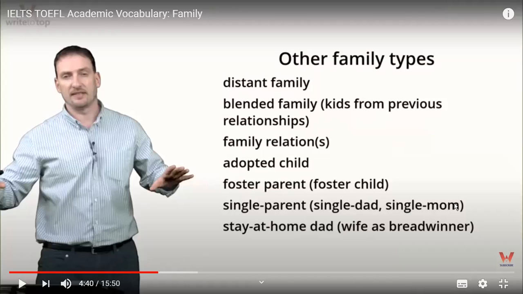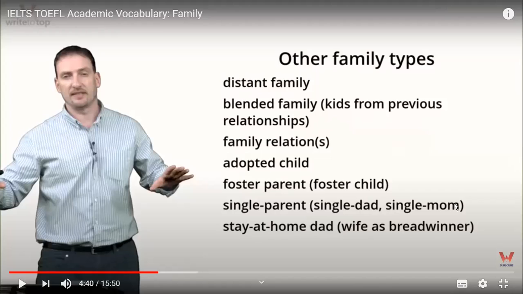But nowadays stay-at-home dads are more common, and men stay home taking care of the children, and the wife is going to be the breadwinner.